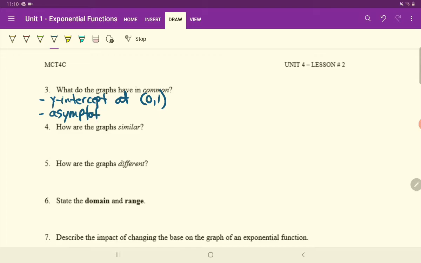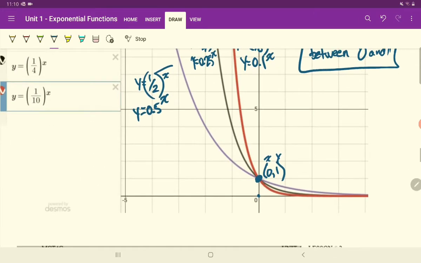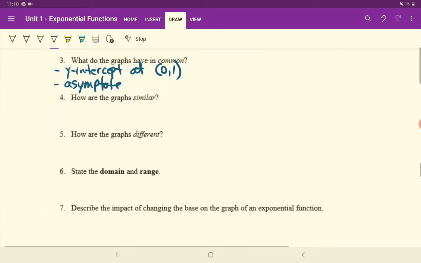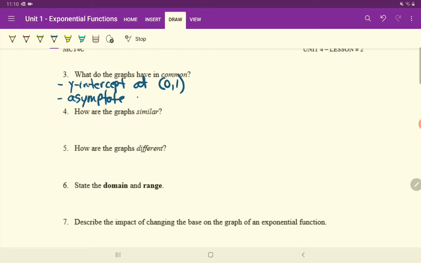If I go back up, they will all approach this line of y equals 0, but never touch it. It'll keep getting closer and closer all the way to infinity, but it'll never touch 0. You cannot get 0 when you do 1/2 to the power of anything. So asymptote, again, at y equals 0.